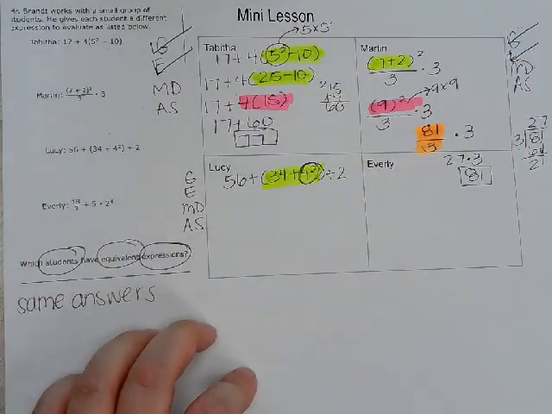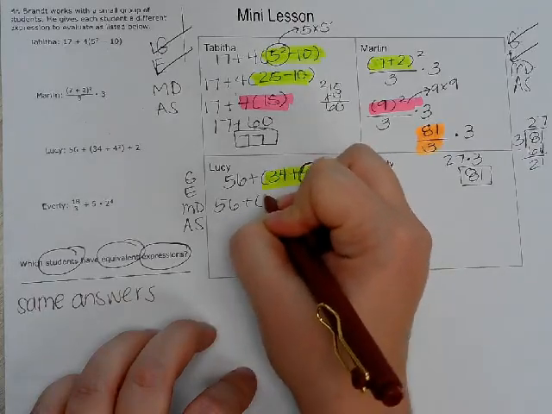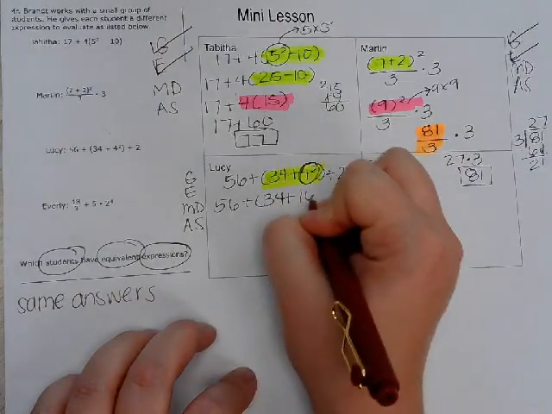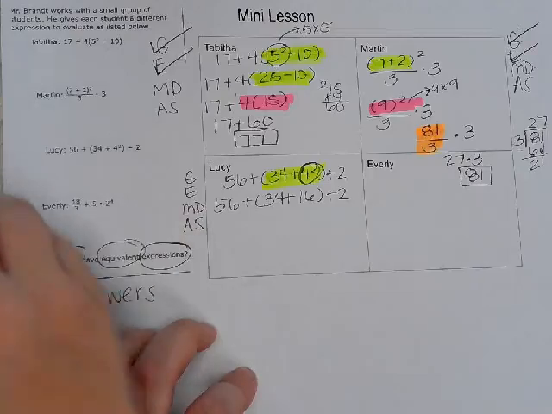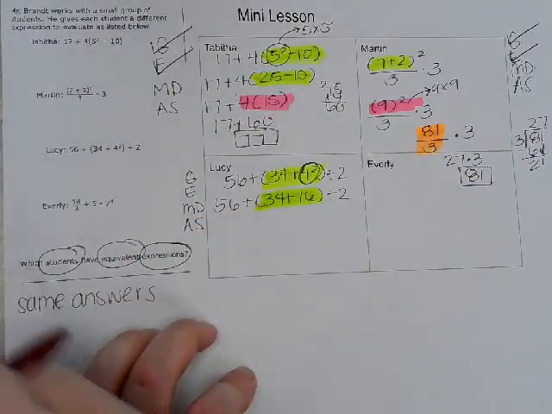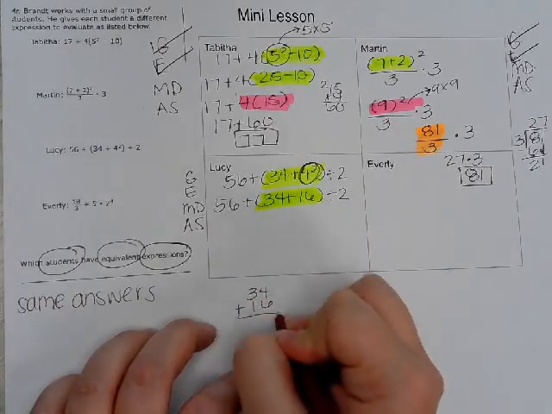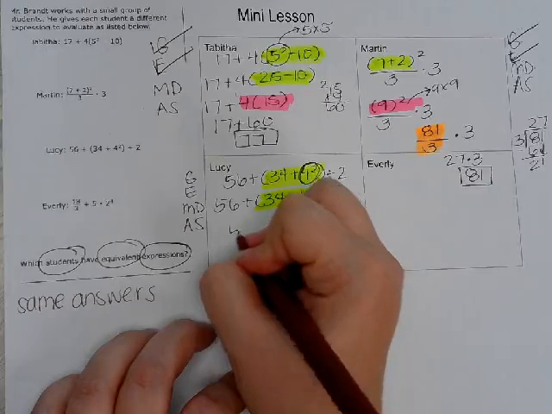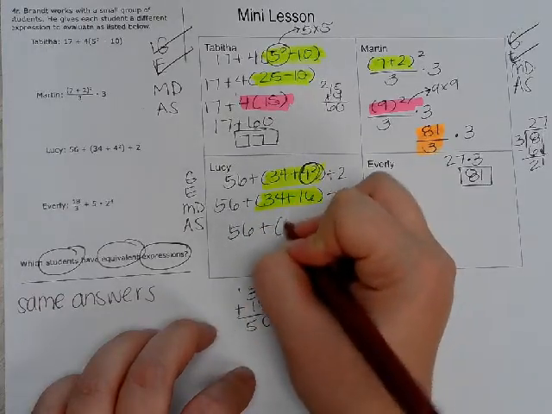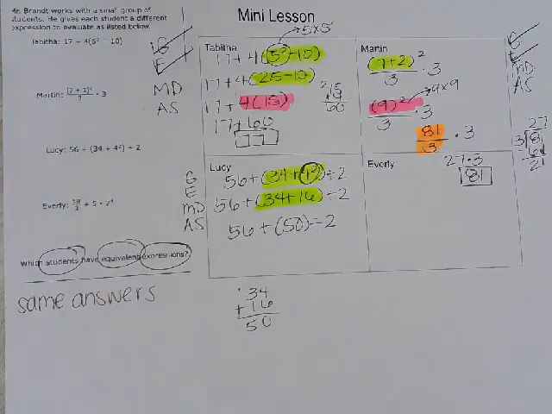So 4 times 4 is 16. Still going to get those parentheses out of the way. So 34 plus 16 is 50. So we have 56 plus 50 divided by 2.